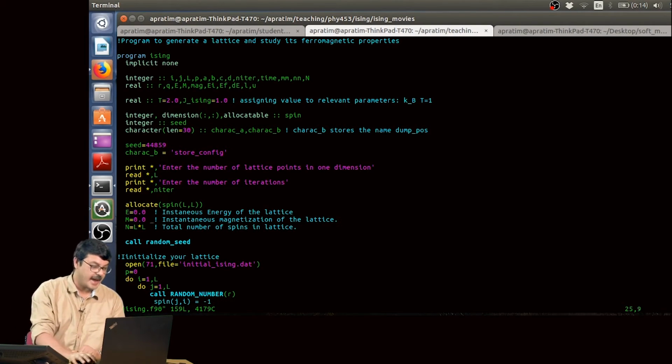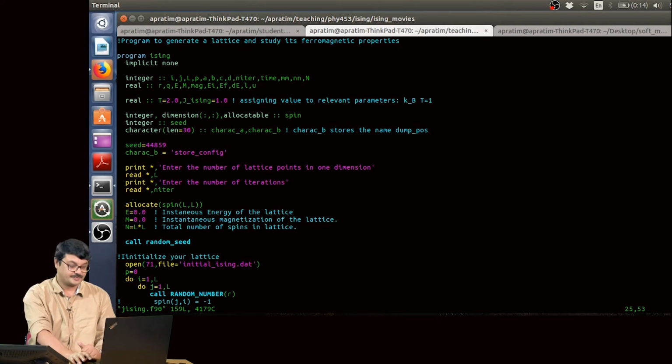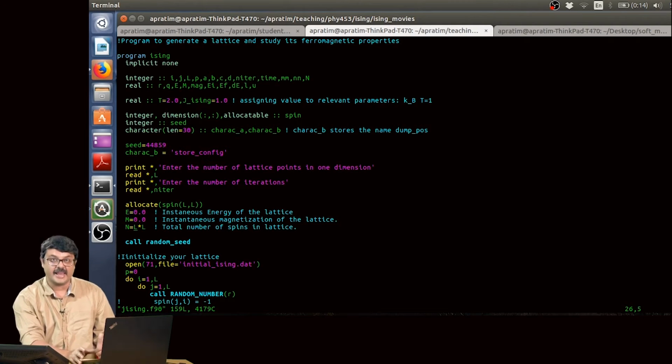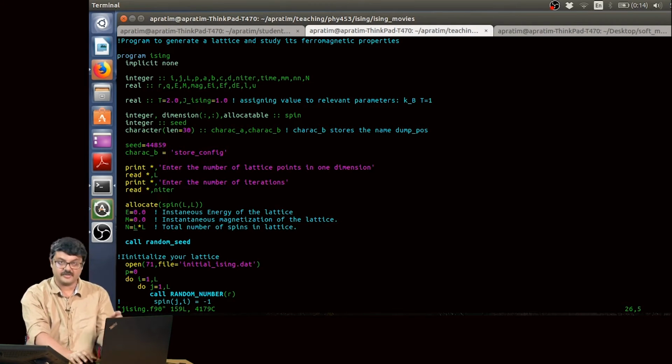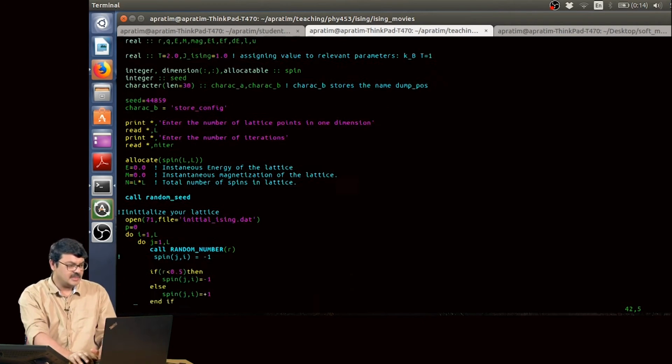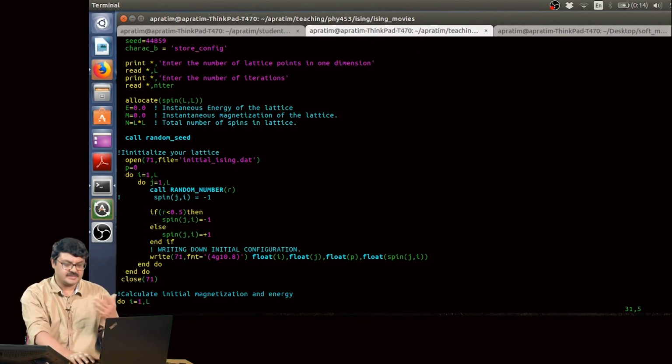That is what M is measuring, the instantaneous magnetization of the lattice, right, the instantaneous value of spin of the lattice. Here I have defined N, the total number of spins, to be L cross L, L being the number of spins along one particular direction. Here I am calling a random number seed basically to generate a set of random numbers.